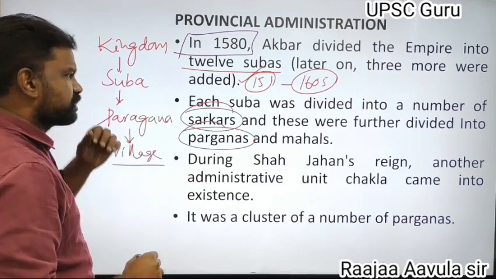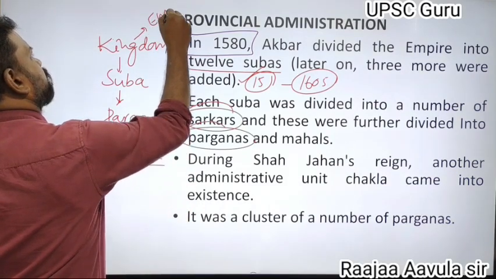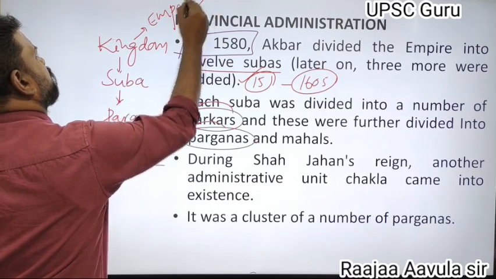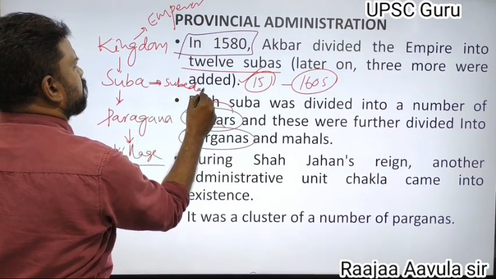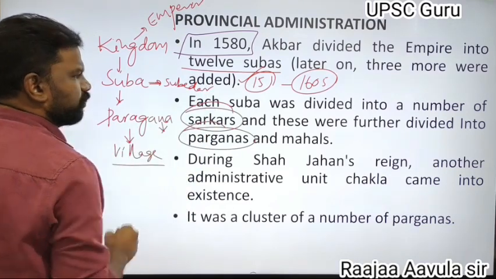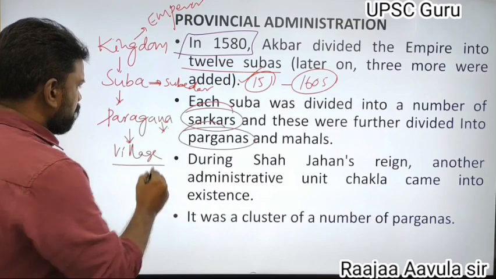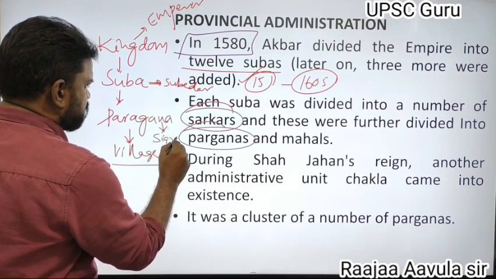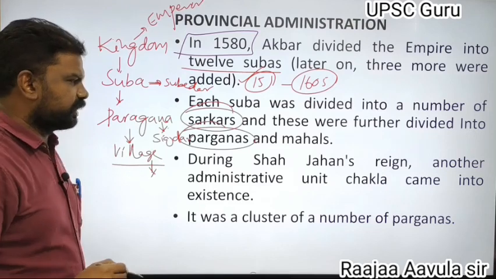Empire, emperor. Suba, Subedar. At the paragana level, the officer was called Sikdar. At the village level, Muqaddam and Patwari.